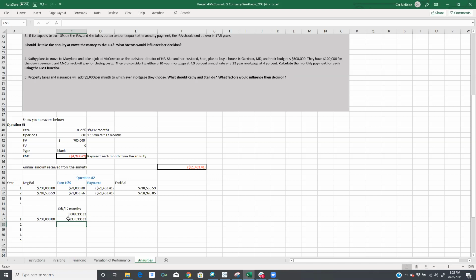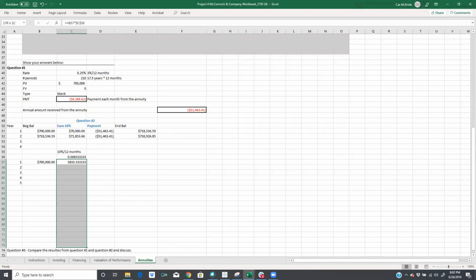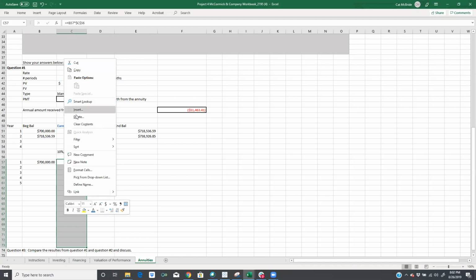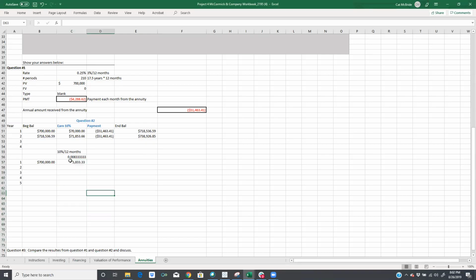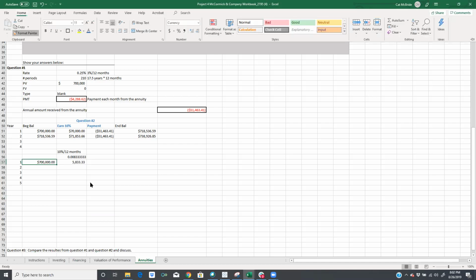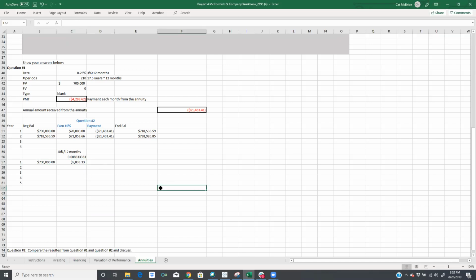The other thing I'm going to do is format all the way down here. So I'll say format cells, accounting. I don't need a $ sign on all of them. I can keep 2 decimal places. Usually schedules don't have them, but it's important to know how to do it right now.